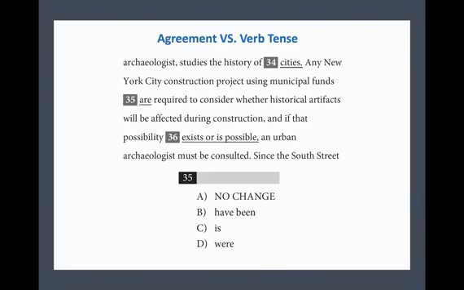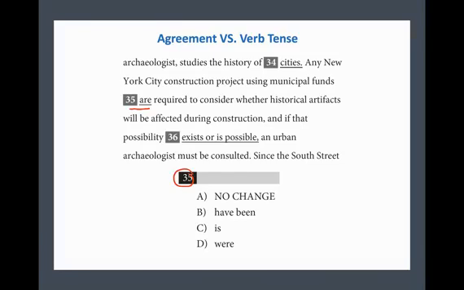Okay, let's take a closer look at this question real quickly. There's a lot of information. Any New York City construction project using municipal funds are required to consider. Okay, again, let's focus on question 35, underlining are, a verb. Something is or are required.